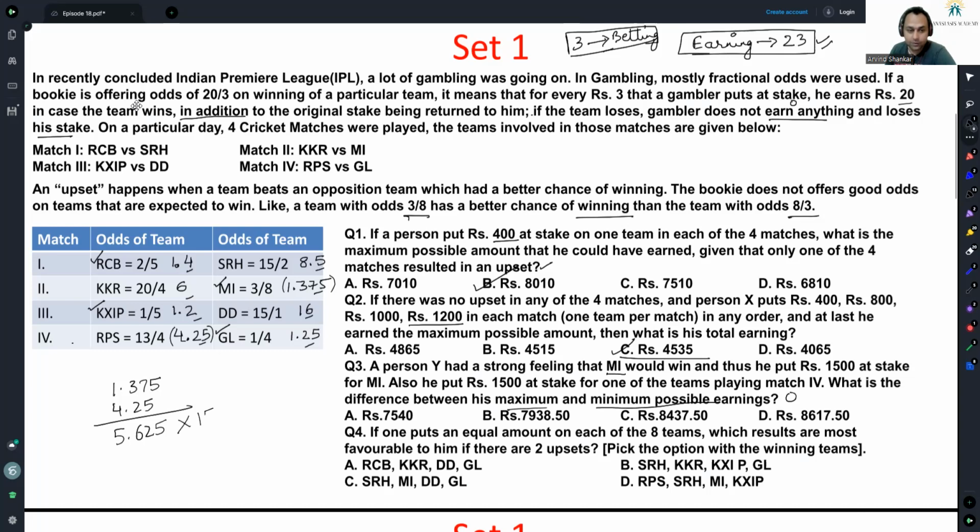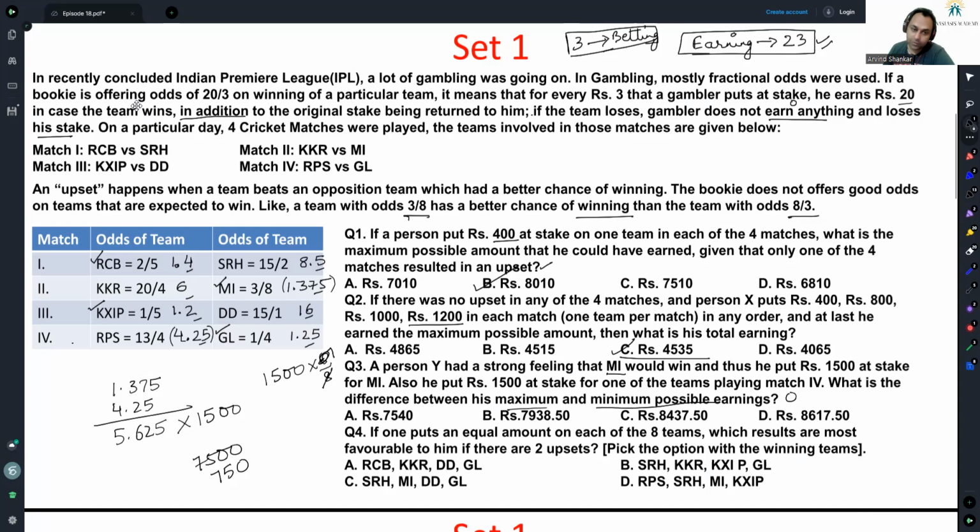So this into 1,500. So 1,500 into 5, I get 7,500. And now I'm left with 1,500 into 5 by 8. So 750 more gives me 50%. So I'm left with 1,500 by 8.